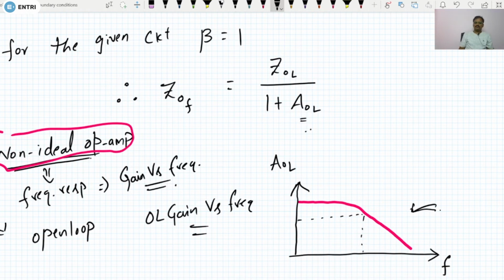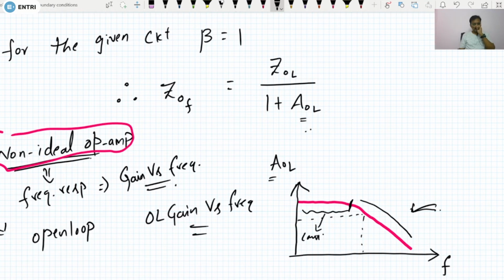As the frequency increases, initially the open loop gain is constant, and then it starts falling.